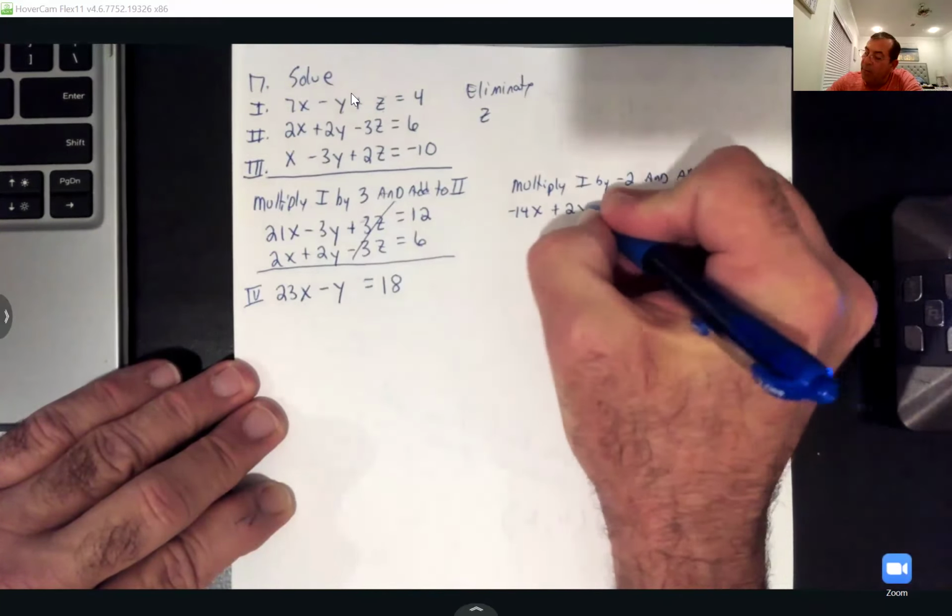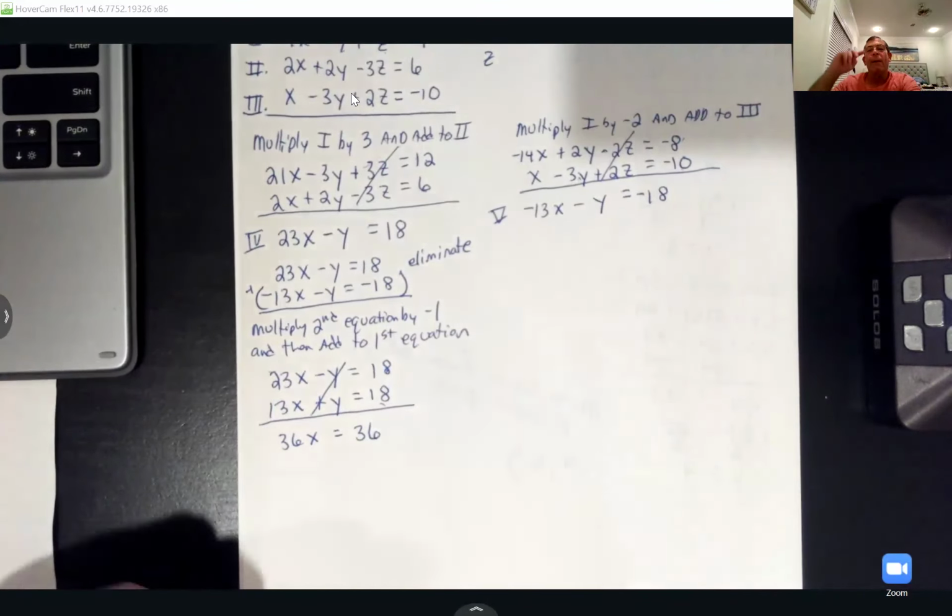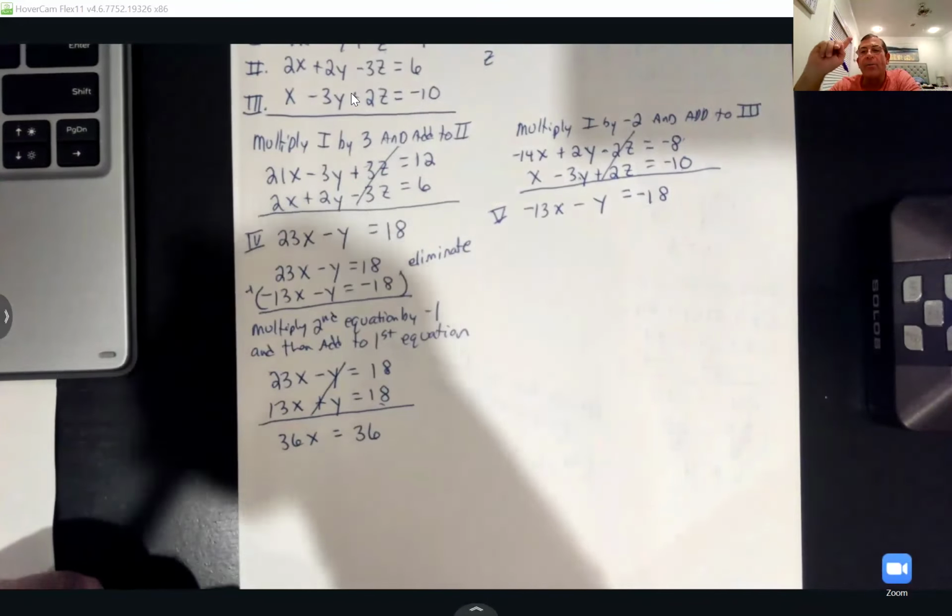So y'all, let's add these together and see what we got. 23 and 13 is what? 36 x's. The y's cancel. And then 18 plus 18 is 36. We are now down to one equation with one variable.